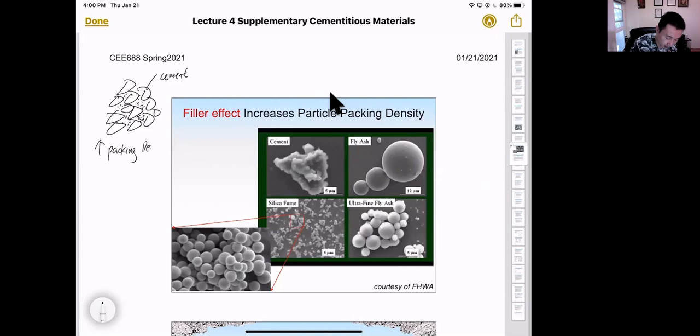So packing density means how many particles, how much solid we can put in a certain volume of empty space. Because the size of silica fume is so small, it can act as a filler. Okay, so it increases packing density. As a result, we have a denser hydration product.